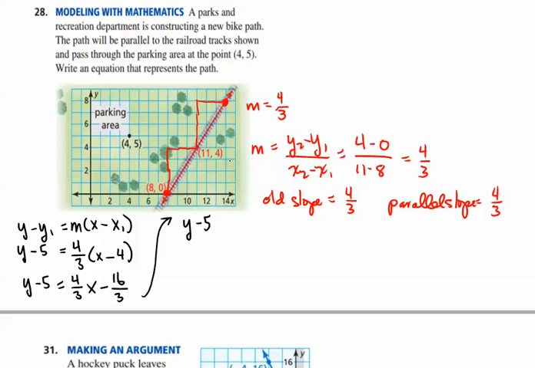And we're going to add 5. Hopefully you know that 5 is the same as 15/3. So when we add that, we get y is equal to 4/3 x. Sorry, I forgot my x there. y is equal to 4/3 x minus 1/3.